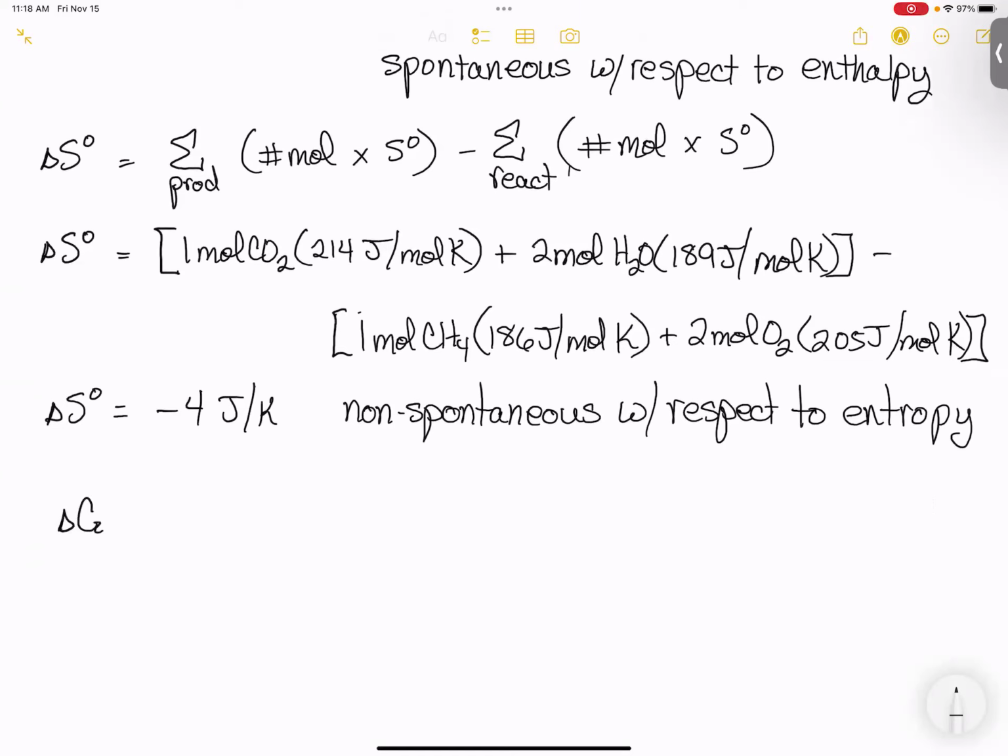Delta G naught is going to equal delta H naught minus T delta S naught.